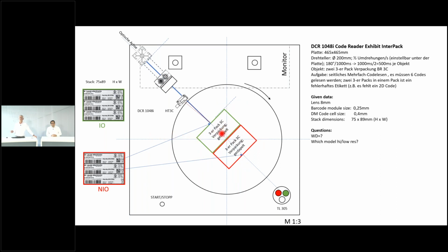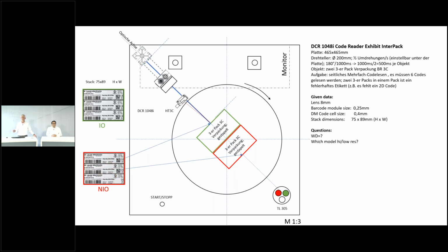The object is a stack that consists of 3 packages, and on the packages we have packaging labels. On the one side we have 6 codes, like shown here, 3 barcodes and 3 data matrix codes. And on the rear side, we also have codes, but only 3 codes. We blocked and hid all the 2D codes, so 2D codes are not available.